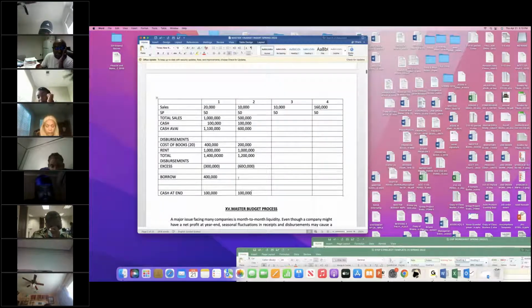Let's go to the next quarter. We're only selling 10,000 again. So we can just copy these numbers. It's all going to be the same, and these costs are all going to be the same too.